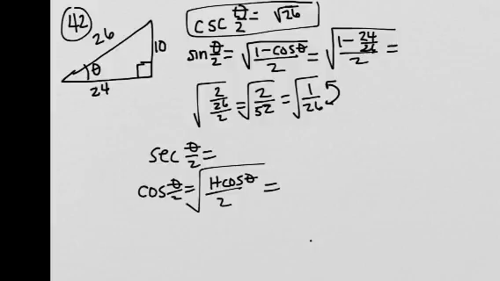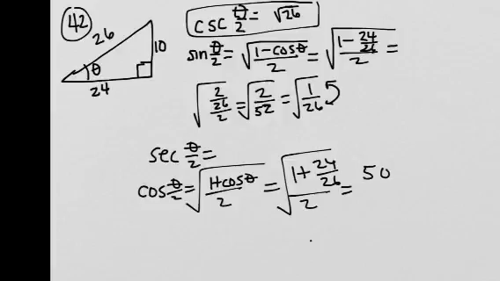All the lengths are positive. So 1 plus cosine, that would be 1 plus 24 over 26 divided by 2 in the radical, square root of all that. So now this gives me 50 over 26 divided by 2.